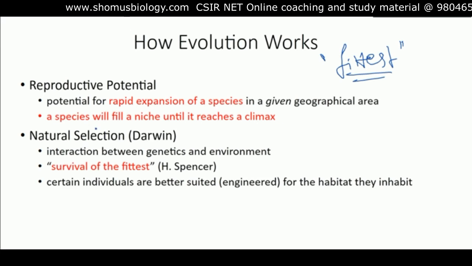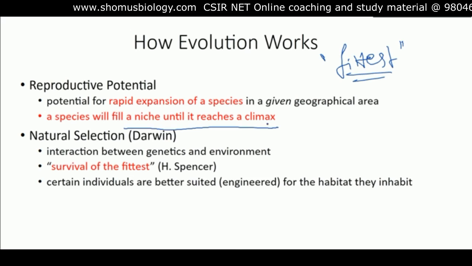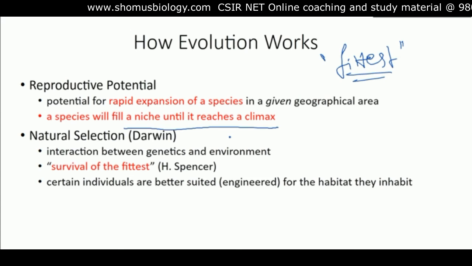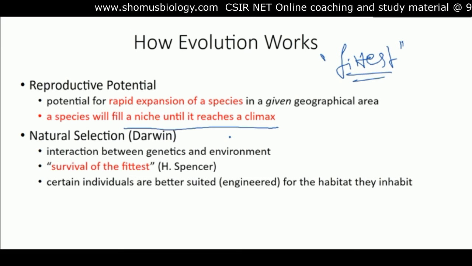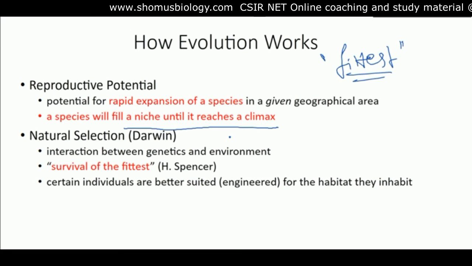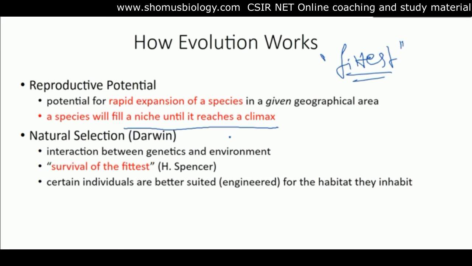Okay, so a species will fill a niche until it reaches a climax. So fitness is calculated by the reproductive potential of the animal. The animal which has more reproductive potential to make new offspring is more fit to the environment.